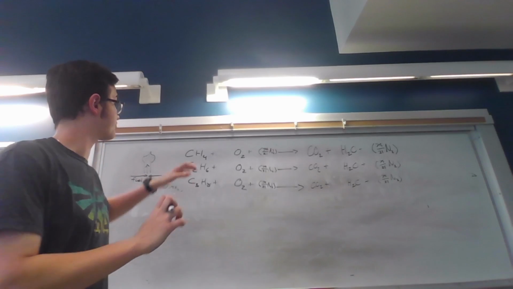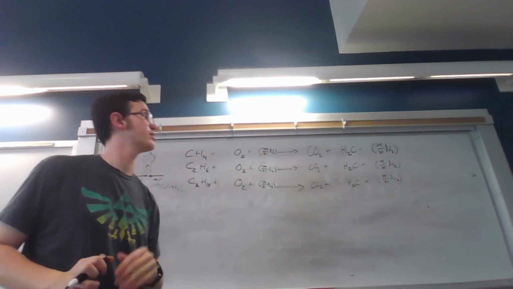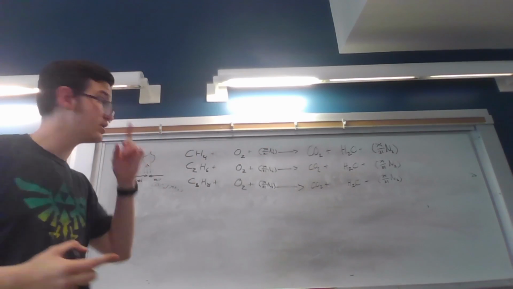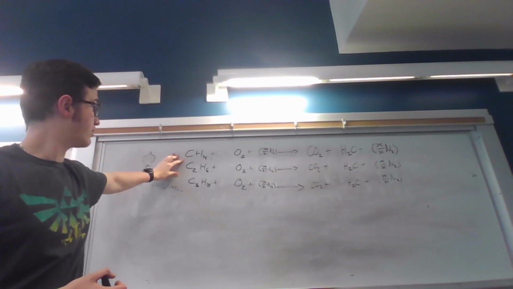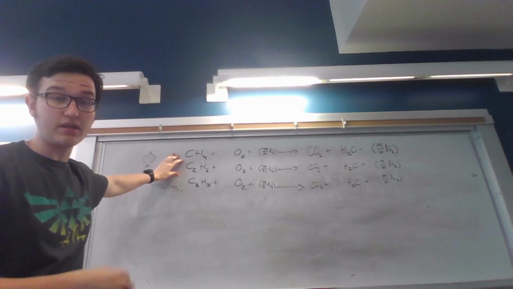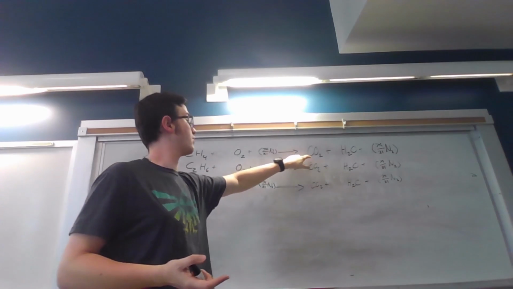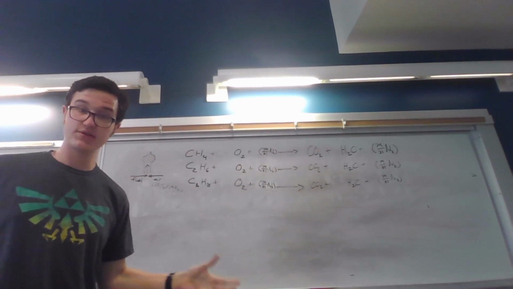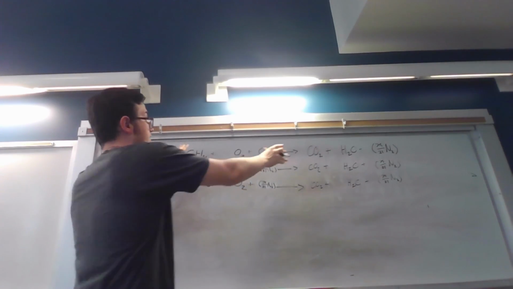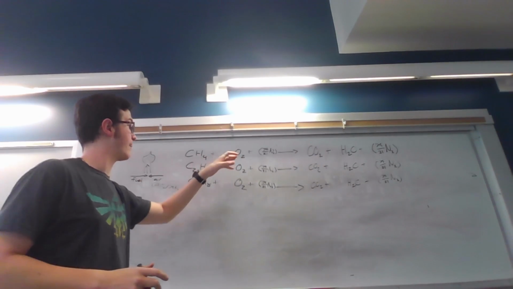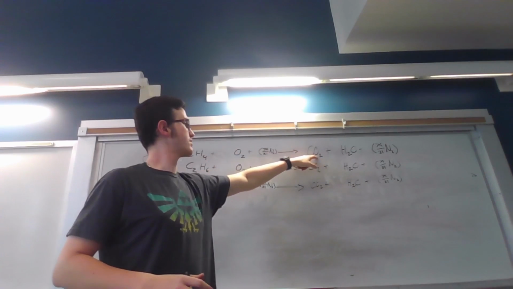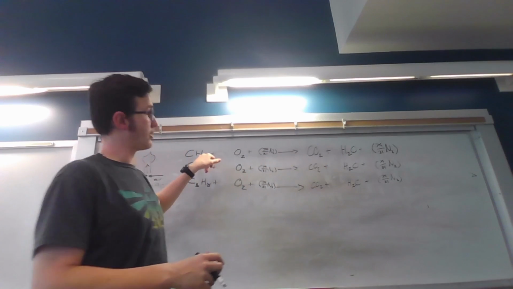So we'll start with the number of carbons and the number of carbon dioxide molecules. You notice that there's only one carbon in the methane, and there's one carbon in CO2. So we're good there. We don't have to adjust either of these two. Now all that we have to worry about is the oxygen, so we have two oxygens, and we also have to worry about our hydrogens.